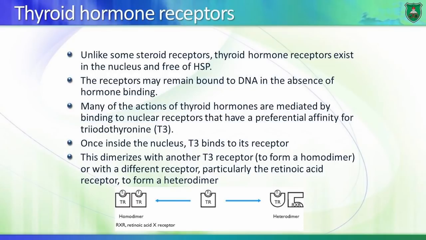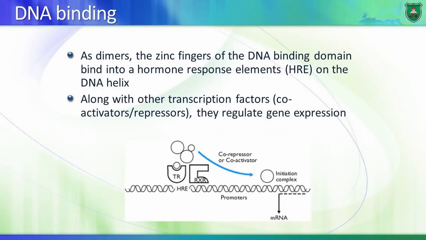A feature of the thyroid hormone receptor is that it can either form a homodimer with a receptor of the same type, or it can form a heterodimer with the Retinoid X receptor, for example. So that's the idea, replacement of co-repressors by co-activators.